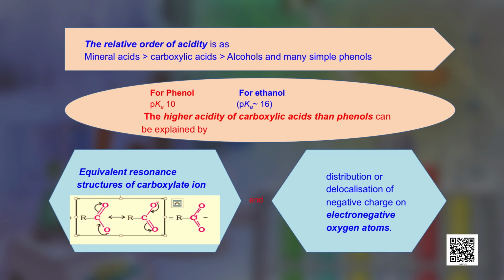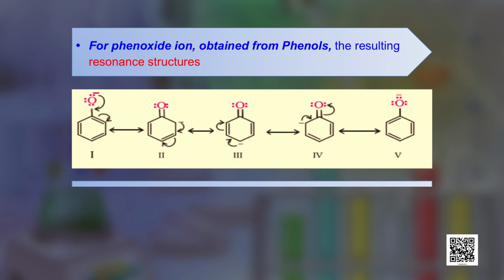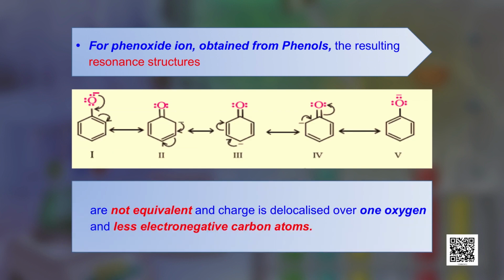We had just seen before also that the charge distribution or delocalization of the negative charge here is on the electronegative oxygen atoms, while for phenoxide ion, which is derived from phenols, the resulting resonance structures are shown here, and you can see that in these resonance structures the charge distribution is not on the same atoms, and also these structures are not equivalent resonance structures.